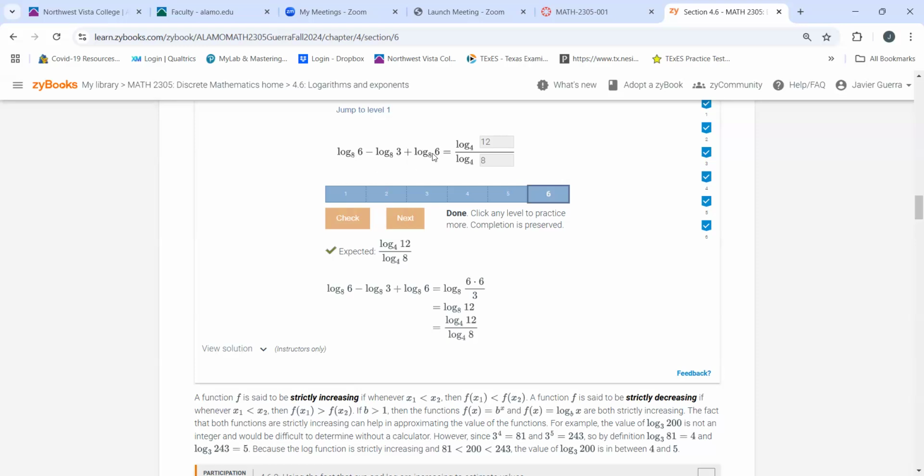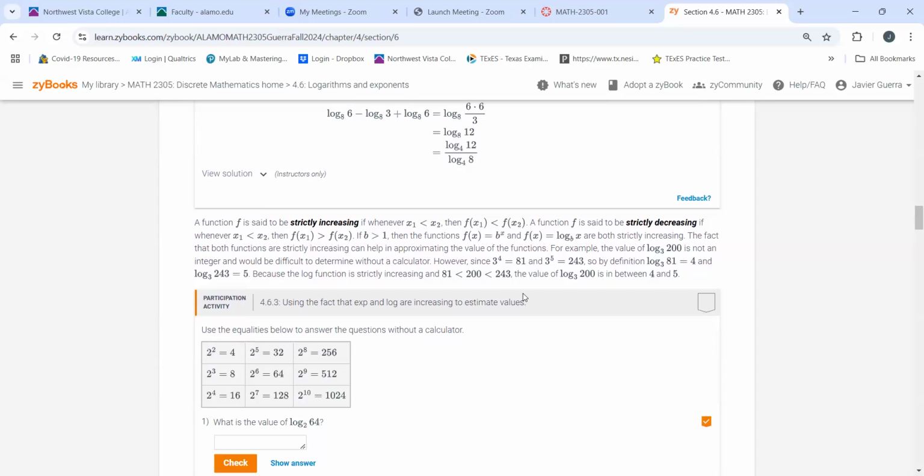So that's log base 8 of 6 plus log base 8 of 6. Add means to multiply, so there's the 6 times 6, that's 36. And then you have a 3. So 36 divided by 3 is 12. And then they did the change of base. Okay, that's fine. So tomato, tomato.